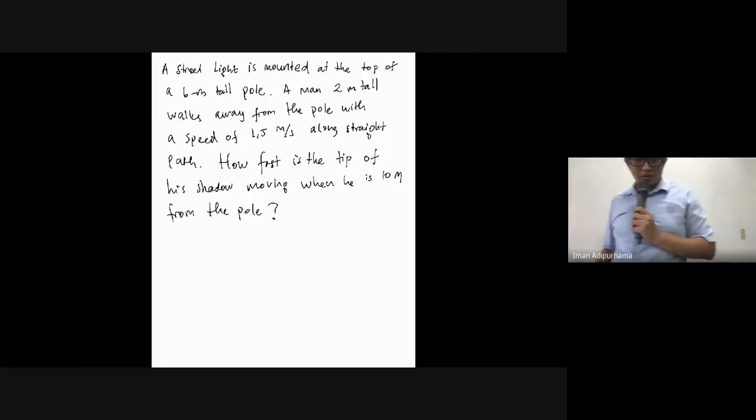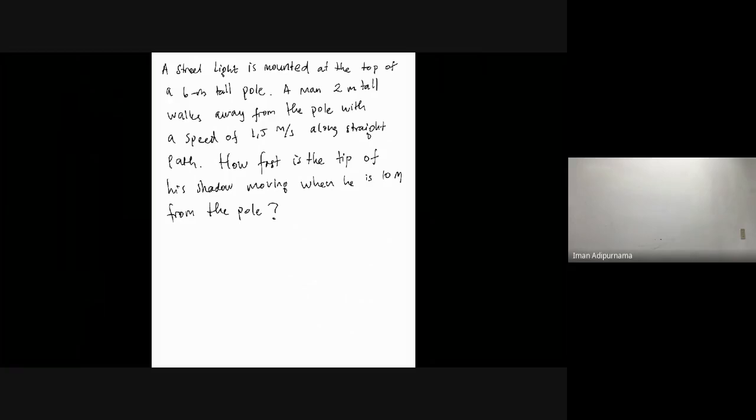This is also a typical problem in most related rates questions. You have a street light, like you see in the street, like a ball, illuminating the light, and then you see one man walking, and when he walks, of course, you will see his shadow.